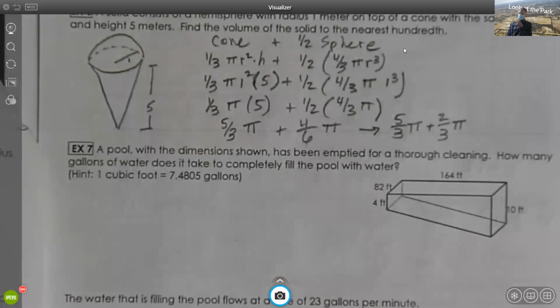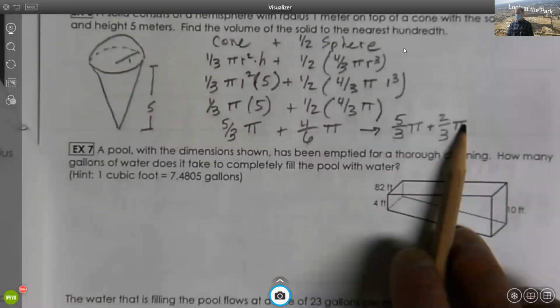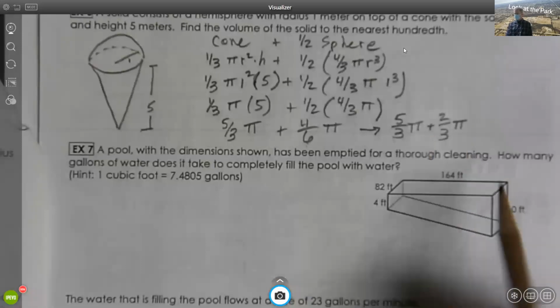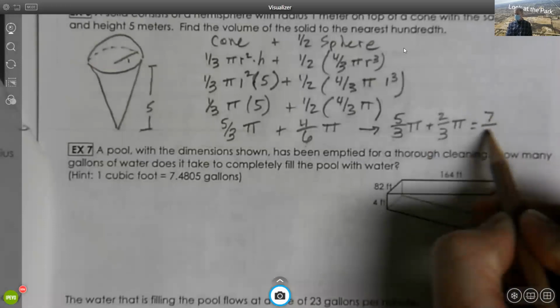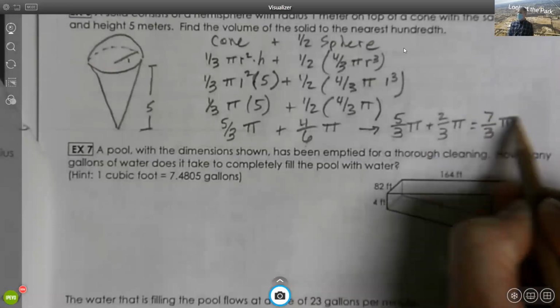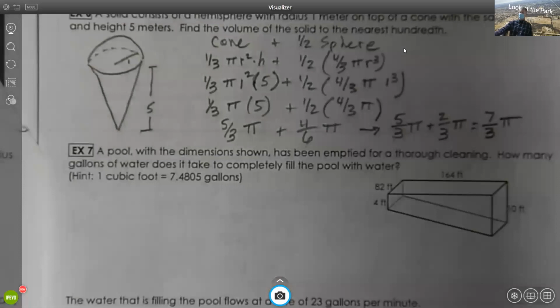Now, if you notice, it's a fraction times pi and a fraction times pi. These would be like terms. So this could be 7 pi, or 7/3 times pi, or 7 pi divided by 3, however you want to phrase that. That would be your exact answer. But it does say round to the nearest 100th.